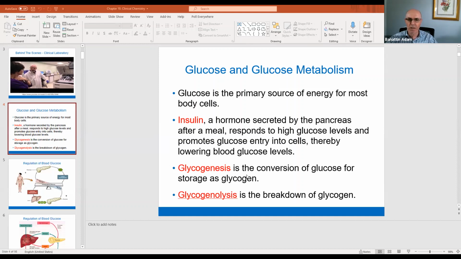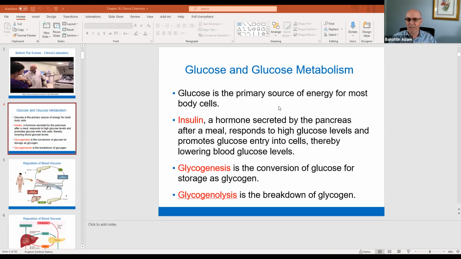Now, you know, glucose is a primary source of energy for most body cells. And there are some hormones related to the metabolism of glucose.